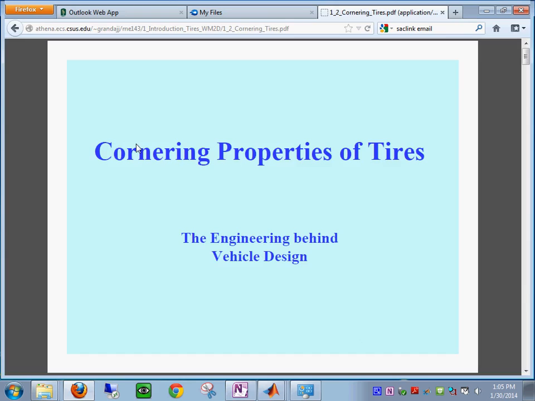Tires have other properties that I think we need to look at. Cornering properties of tires. Let's talk a little bit about that.